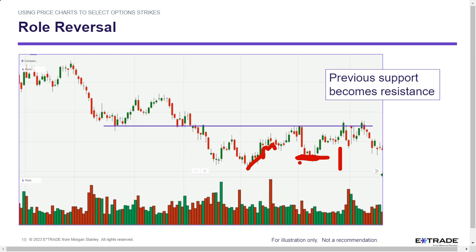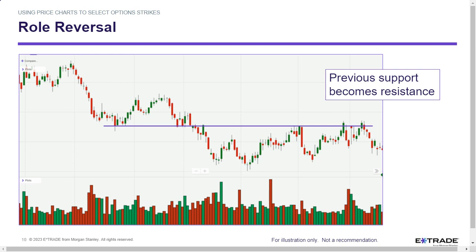You're not really eager to have your stock called away. What you'd ideally like to do is to hold on to your stock and sell a call and collect income, and then after it expires or you decide to close it, sell it again, and do that a number of times. But if I sell it down below the role reversal level, I would really expect my stock to get called away. So I don't want it down there, okay?